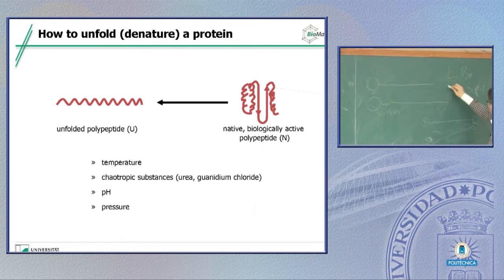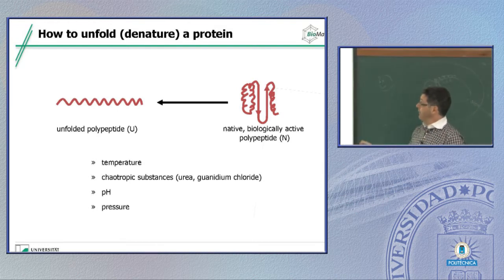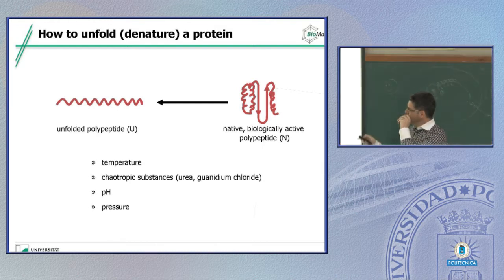So these are some of the strongest chaotropic substances, and you need them at really high concentrations. So we talk about 8 to 10 molar concentrations. So really strong substances to unfold such a molecule. And this is necessary if you would like to understand what is within a fiber, right? And therefore, I would like to have a very brief word on that.